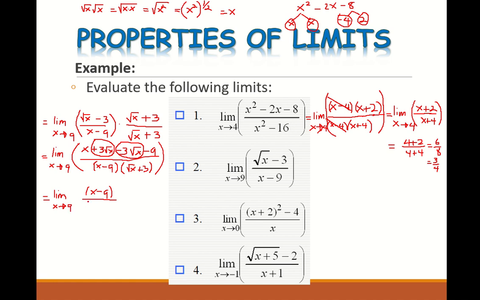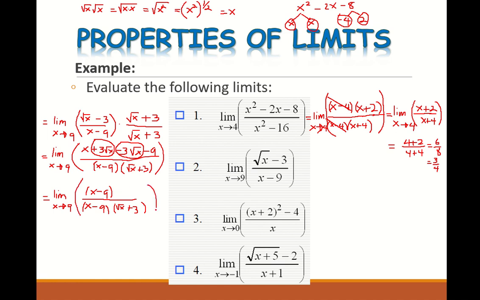So x minus 9 in the numerator, then the denominator you have x minus 9, multiplied by square root of x plus 3, the whole quantity.